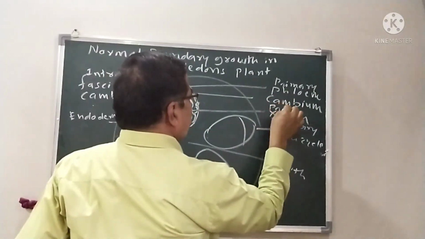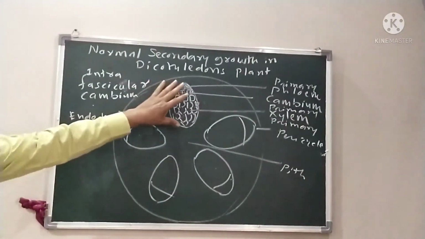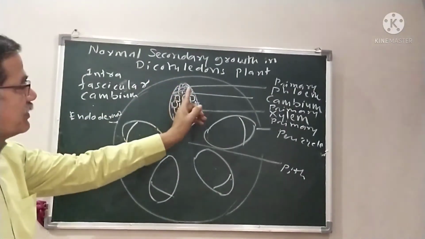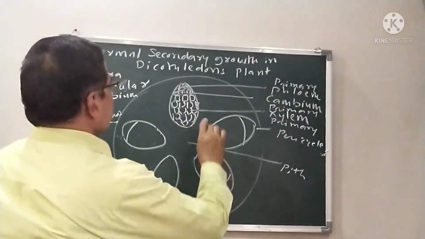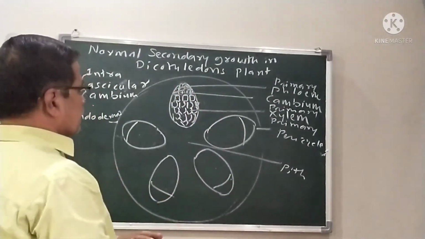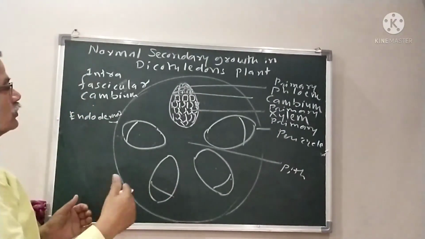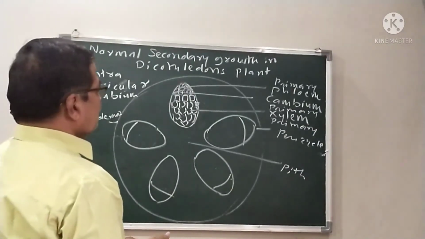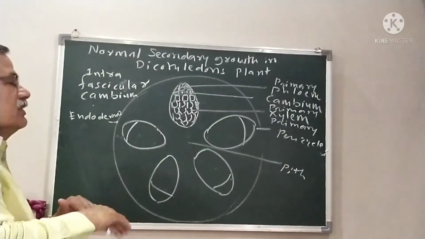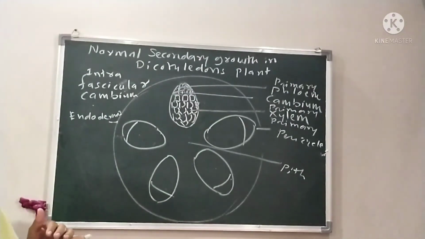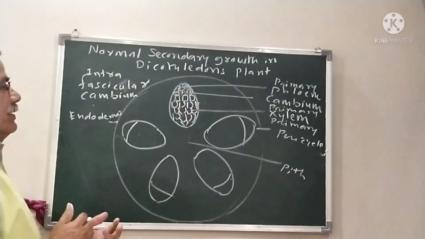Also, the primary cambium. The structures which are found are described as the primary phloem, primary cambium, and primary xylem. As growth takes place and the seasons pass over the years, the demand goes on increasing, and due to this demand, new additional tissues are needed, mechanical tissues to give strength and support to the plant body.